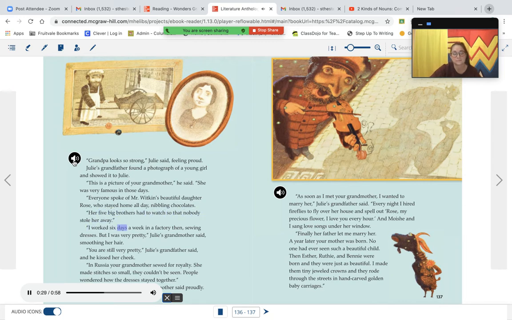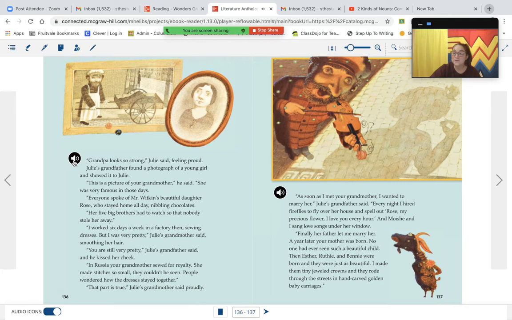I worked 6 days a week in a factory then, sewing dresses. But I was very pretty, Julie's grandmother said, smoothing her hair. You are still very pretty, Julie's grandfather said, and he kissed her cheek. In Russia, your grandmother sewed for royalty. She made stitches so small they couldn't be seen. People wondered how the dresses stayed together. That part is true, Julie's grandmother said proudly.